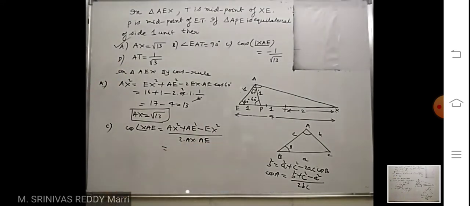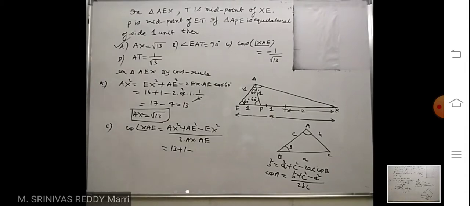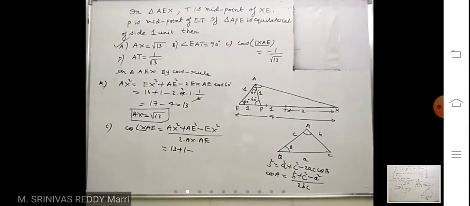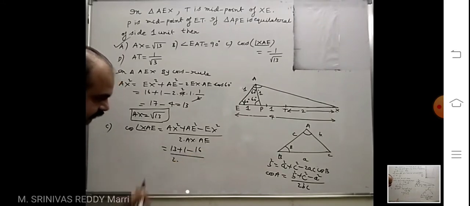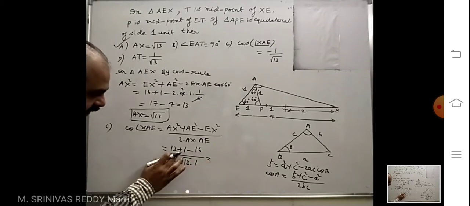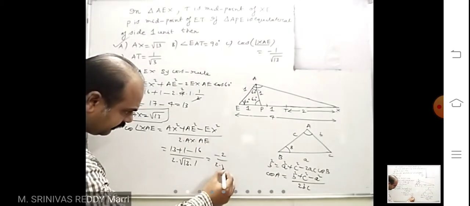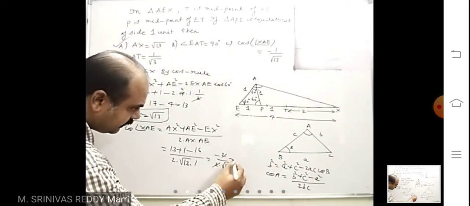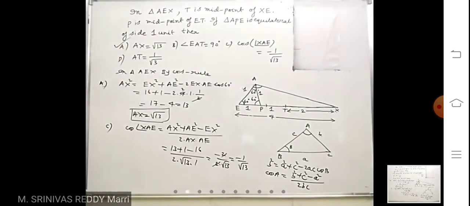AX square is 13, plus AE square is 1, minus EX square, which is 16, divided by 2 into AX, which is root 13, into AE, which is 1. That means 14 minus 16, which is minus 2, divided by 2 root 13. That means minus 1 divided by root 13.